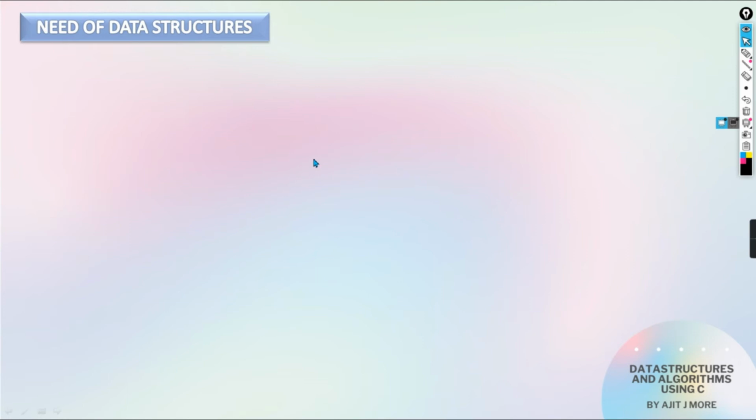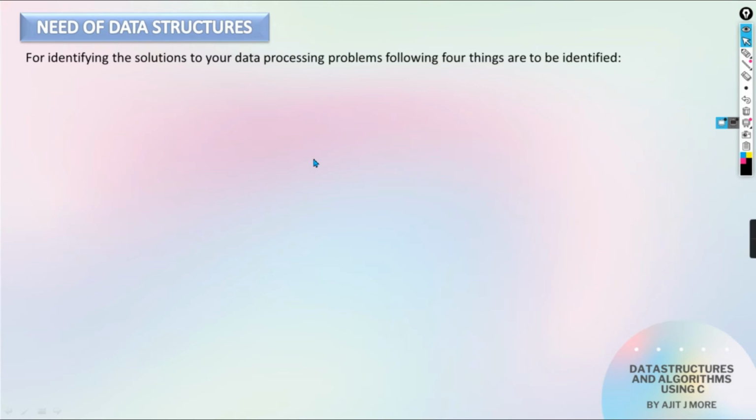Obviously, ultimately we are going to write a program for this problem, and then tell the computer to execute it. So for identifying the solution to your data processing problem, 4 important things are to be identified.